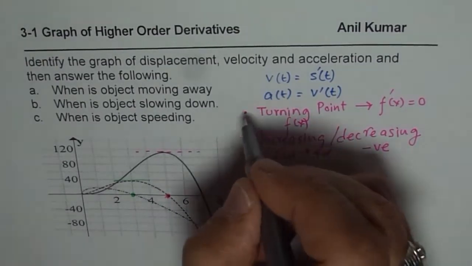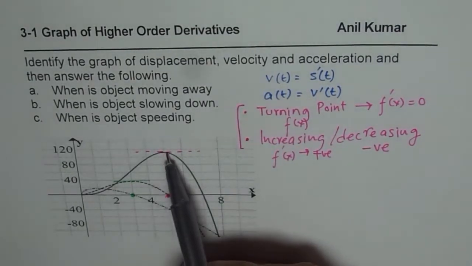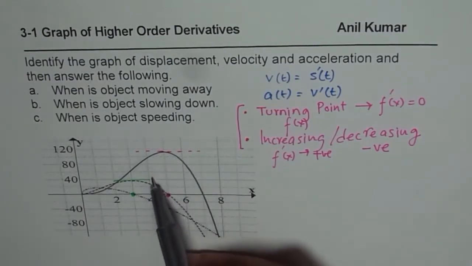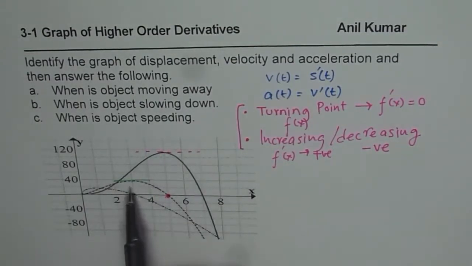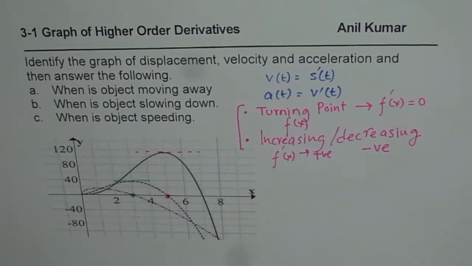So combining these two, we are sure that one corresponds to the function and the other is its derivative. Here, this is the turning point. The graph increases, meaning positive slope. The other graph has a positive slope up to here. It is decreasing thereafter, with negative slope. So we are 100% sure now which one corresponds to which graph.